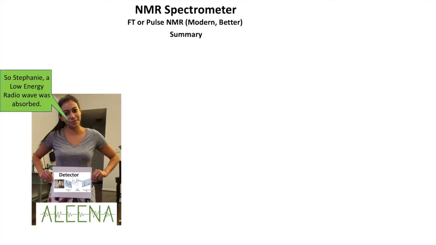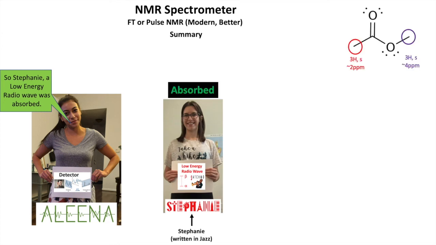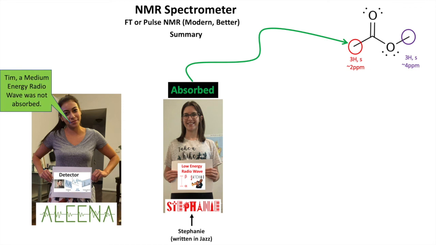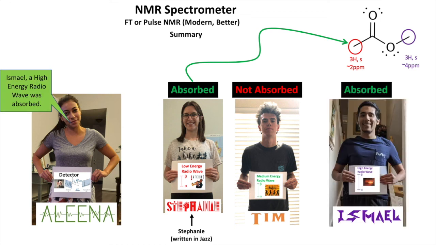So Stephanie, a low energy radio wave, was absorbed. She's that signal, the 3 hydrogen singlet at 2 parts per million. Tim, a medium energy radio wave, was not absorbed. Ishmael, a high energy radio wave, was absorbed. He's the 3 hydrogen singlet at about 4 parts per million.